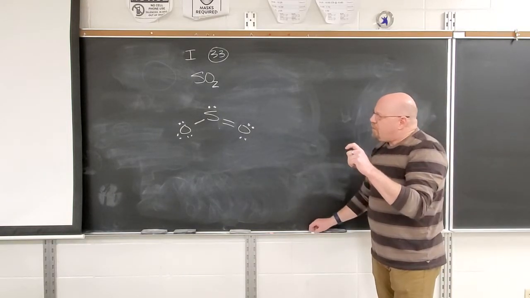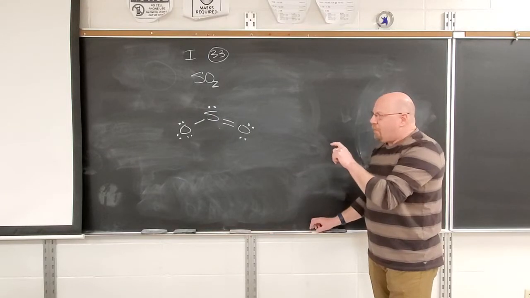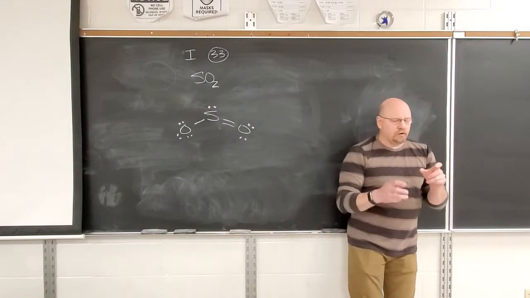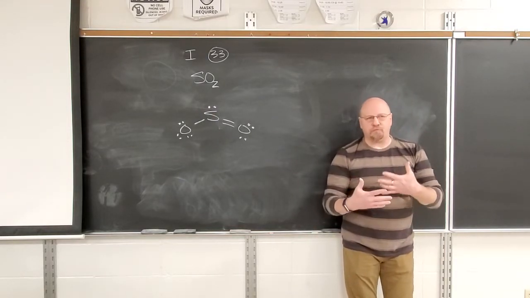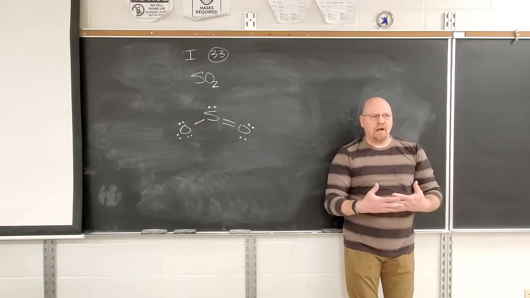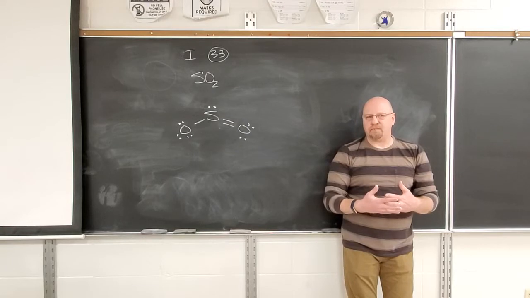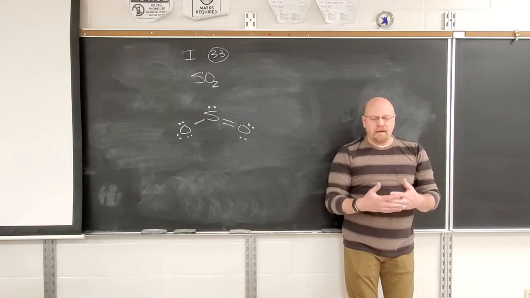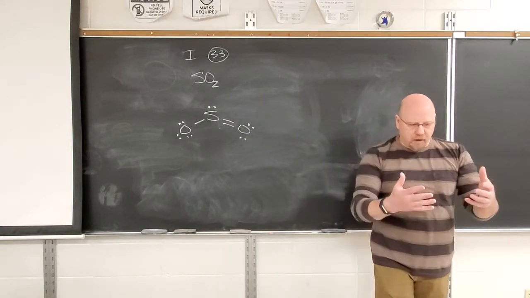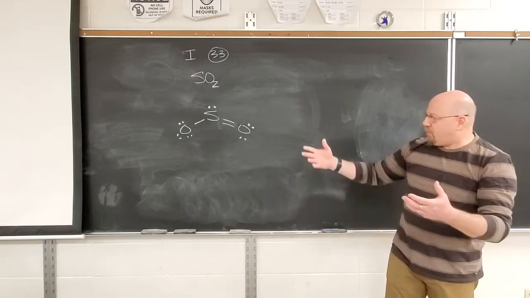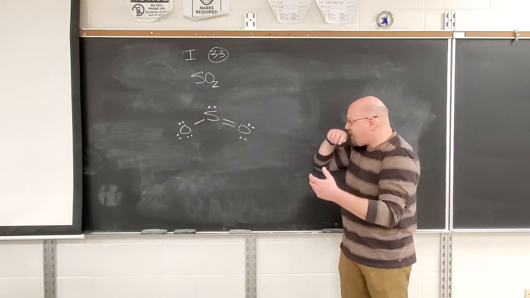We've got to keep in mind, when we're talking about our Lewis structures, they're trying to represent an extraordinarily complex process of bonding. We've got the sulfur and the two oxygens.